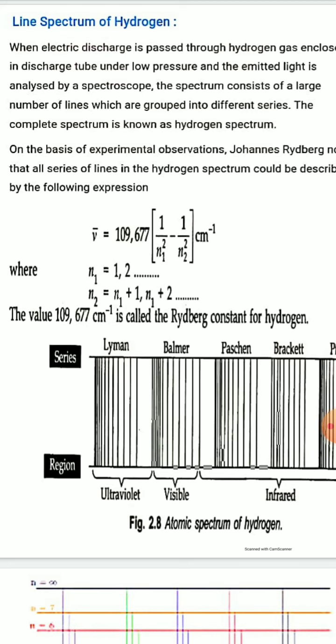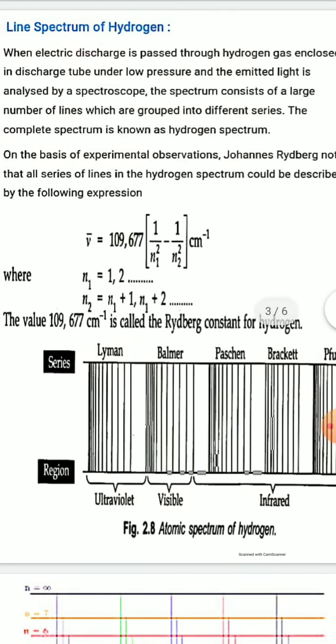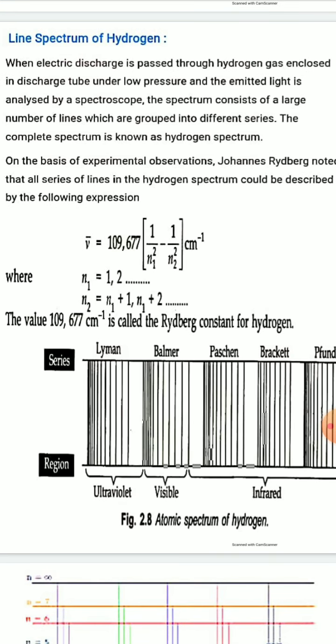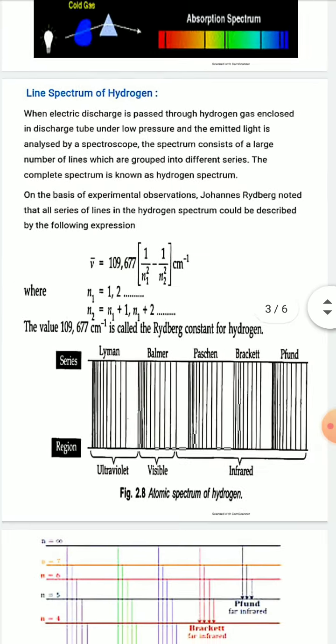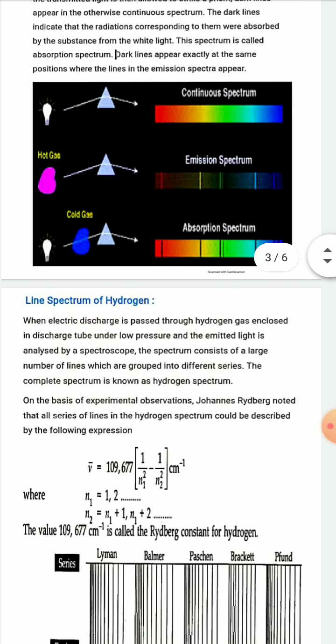So when electric discharge is passed through hydrogen gas enclosed in a discharge tube under low pressure, the emitted light is analyzed by a spectroscope. The spectrum consists of a large number of lines which are grouped into different series, and the complete spectrum is known as the hydrogen spectrum. Hydrogen spectrum is a line spectrum.